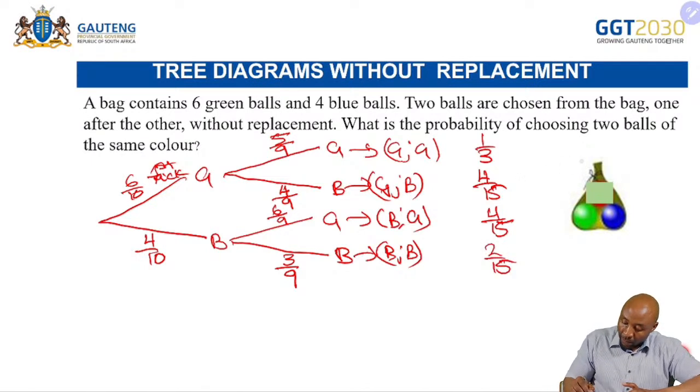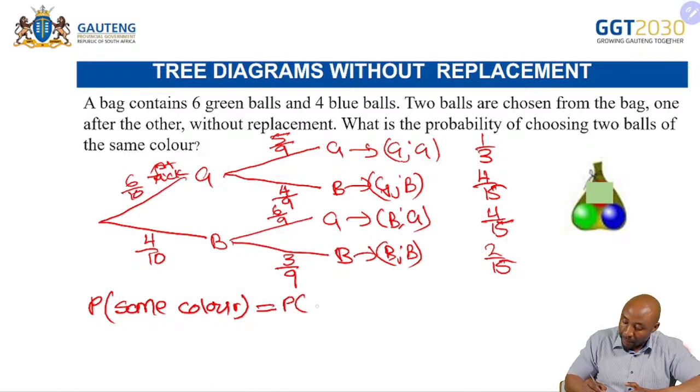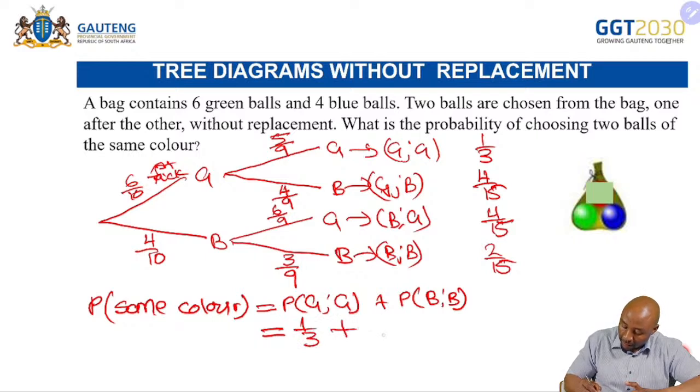So we want to find the probability of choosing 2 balls of the same color. So here we want P, same color. And for the same color, we know that it can be the probability that we get green and green, or it can be blue and blue. And that should give us 1 over 3 plus 2 over 15.